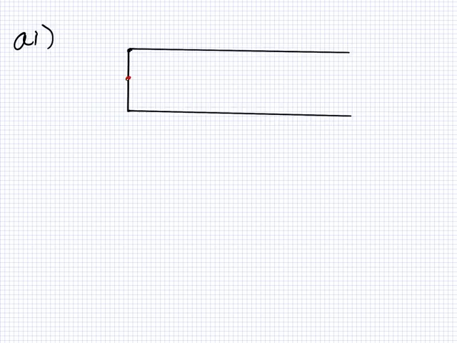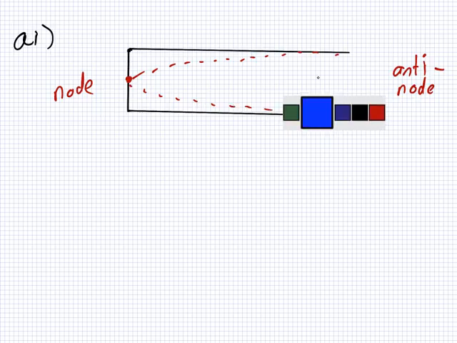Here is a node, and here is an anti-node. So the sound wave looks like that, and is vibrating here.